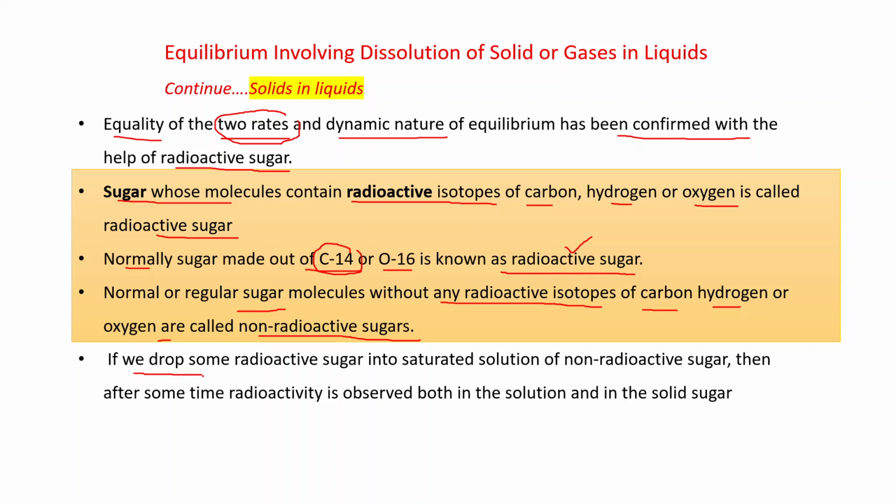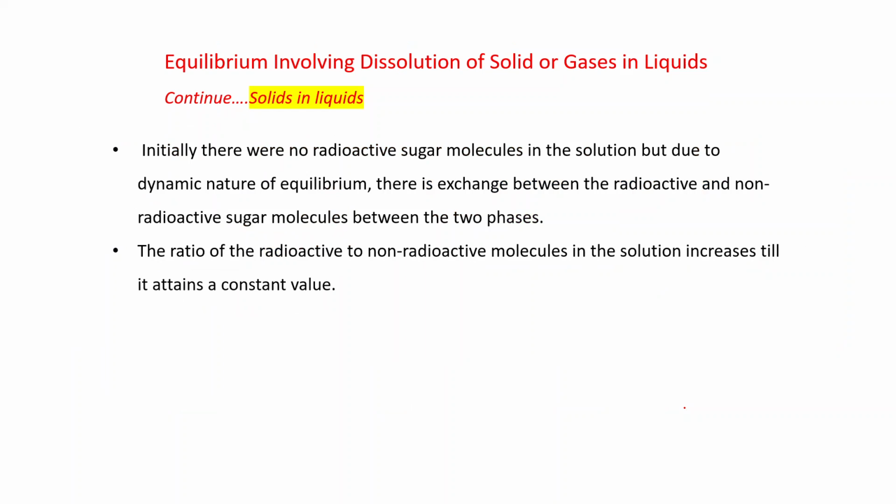Now, if we drop some radioactive sugar into a saturated solution of a non-radioactive sugar, then after some time radioactivity is observed both in the solution and in the solid sugar. Clear? Initially, there were no radioactive sugar molecules in the solution, but due to the dynamic nature of equilibrium, the sugar which is present as undissolved will dissolve, and the sugar which has dissolved will precipitate out.